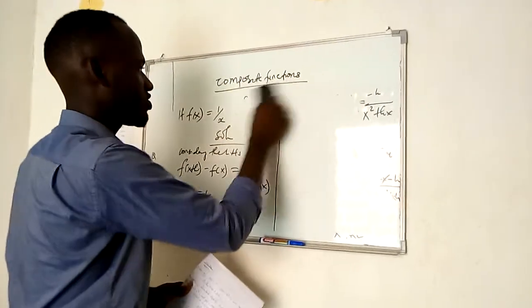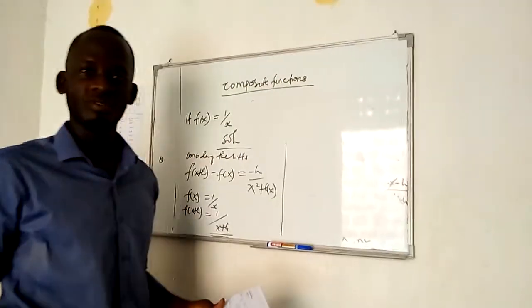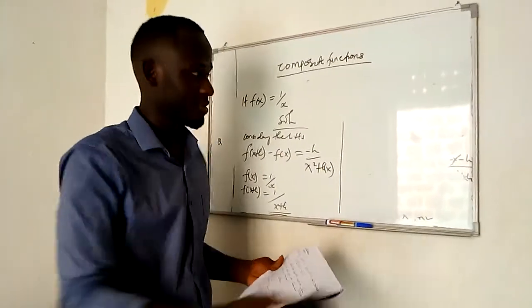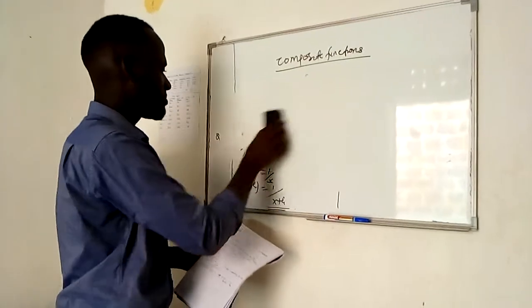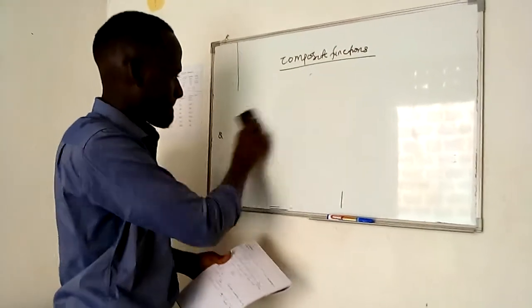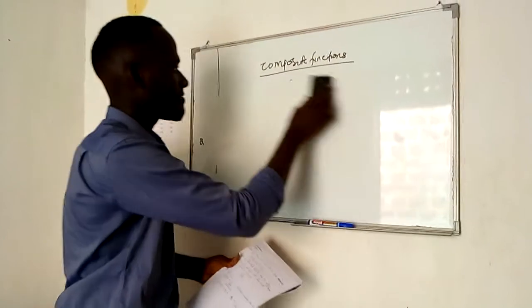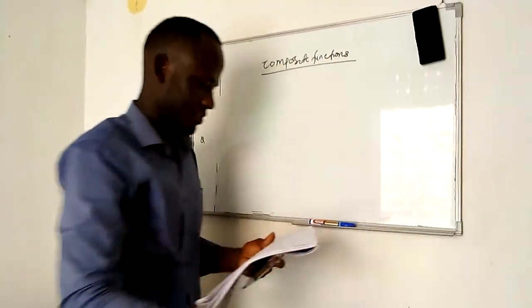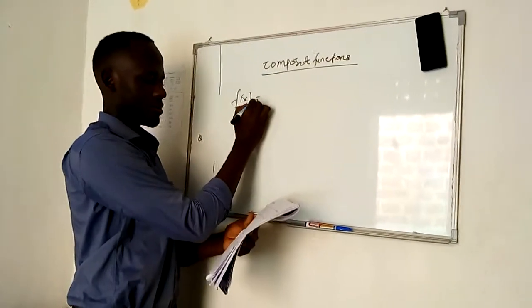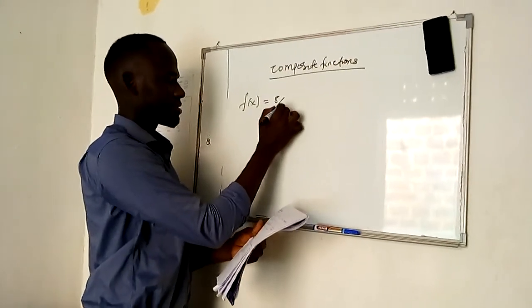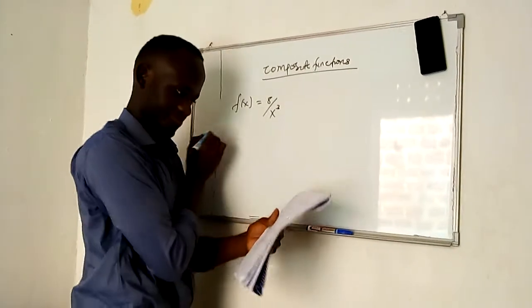There is another question. Lecturer Semkono gave us a good question, so we shall be looking at it. He gave us a question which said f(x) is equal to 8 over x cubed.